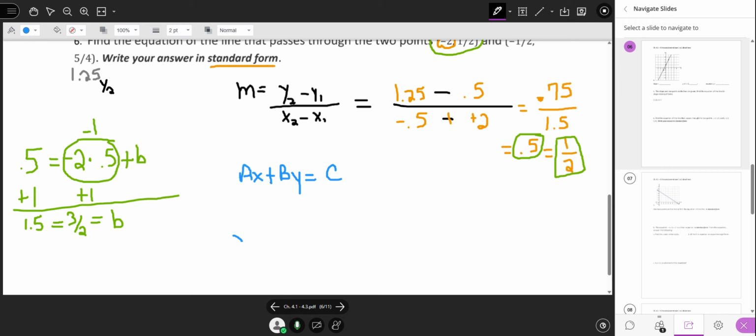So, for right now, we got y equals 1/2 x plus 3/2. Well, I gotta kill the fractions by multiplying by the denominator. 2 divided by 2, 2 divided by 2.